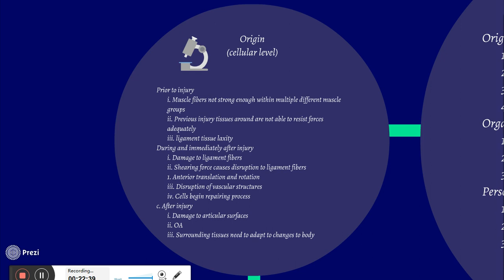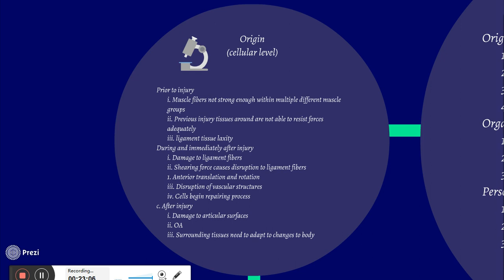So first, looking at the cellular level prior to an injury, maybe her muscle fibers and certain muscles were not strong enough for multiple different muscle groups. Maybe she had a small injury, a small fall, where she had some damage in her surrounding structures or muscles, which predisposed her to having another injury.